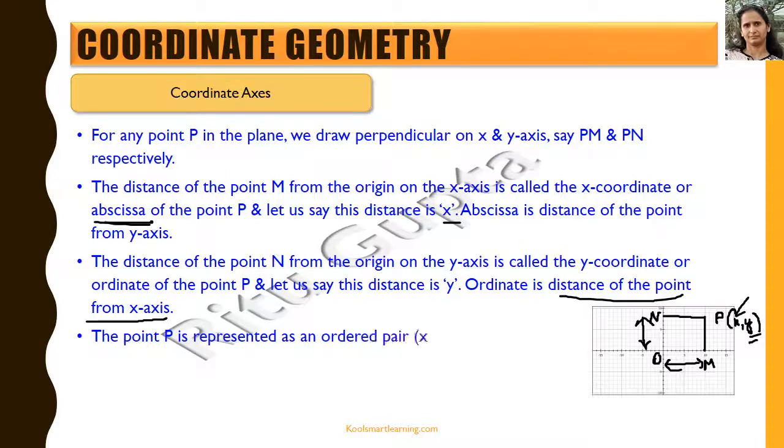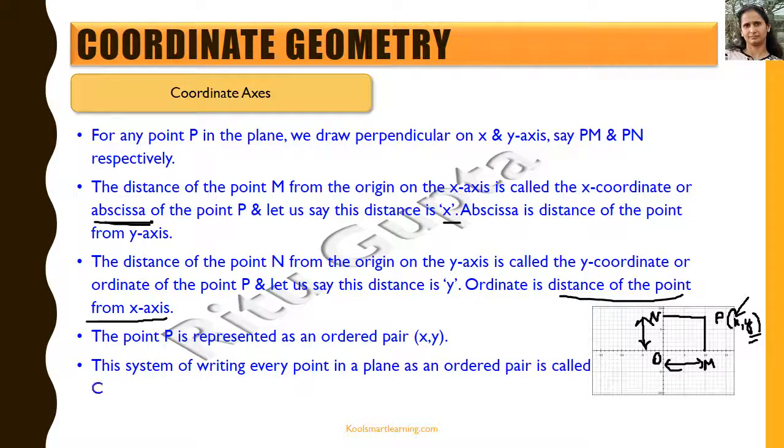The point is represented as an ordered pair (x, y), x being the x coordinate or abscissa, and y being the ordinate or y coordinate of the same point. This system of writing every point in a plane as an ordered pair is called the Cartesian coordinate system.